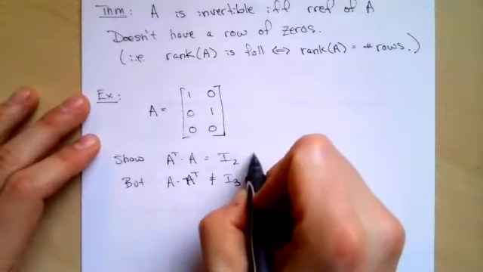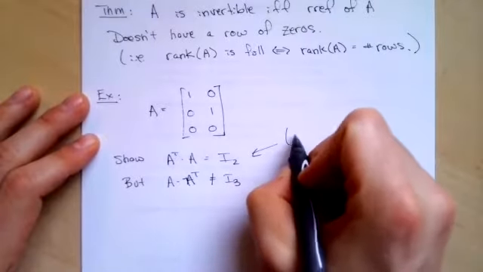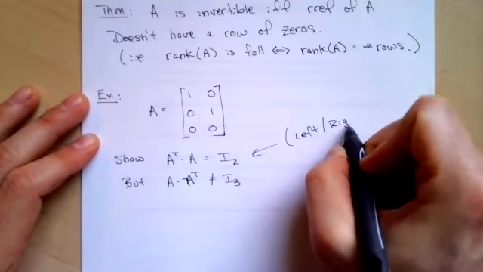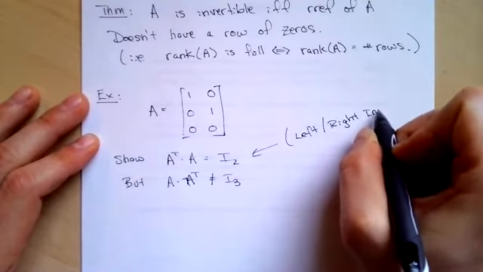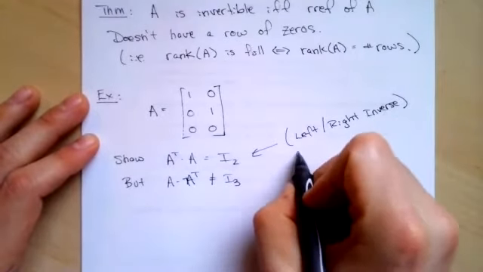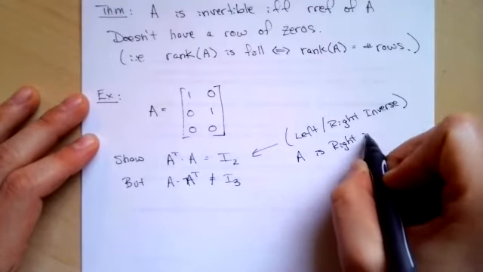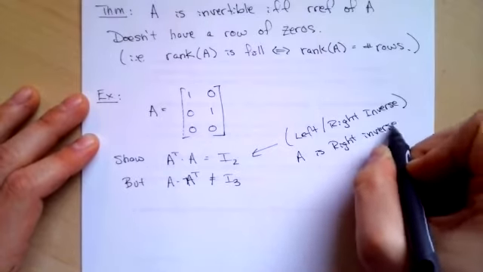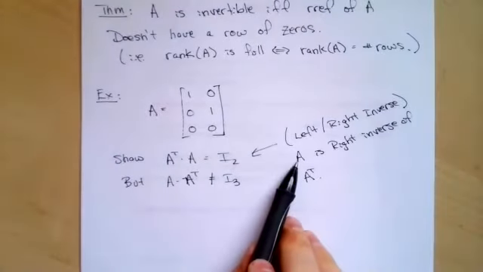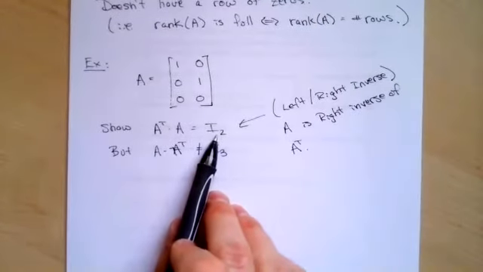This is a concept that we call a partial inverse, or a left or right inverse. So it's not fully invertible. However, we could say A is the right inverse of A transpose, meaning that if I multiply A on the right of A transpose, it'll give us the identity.